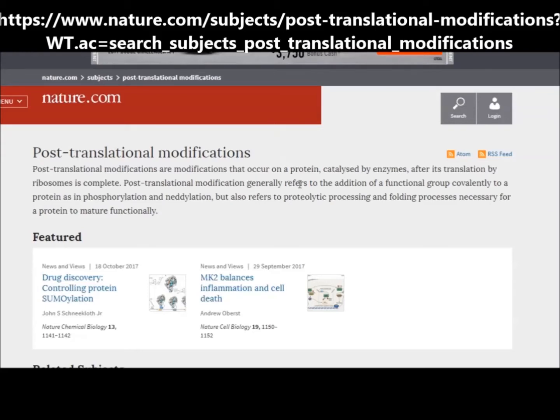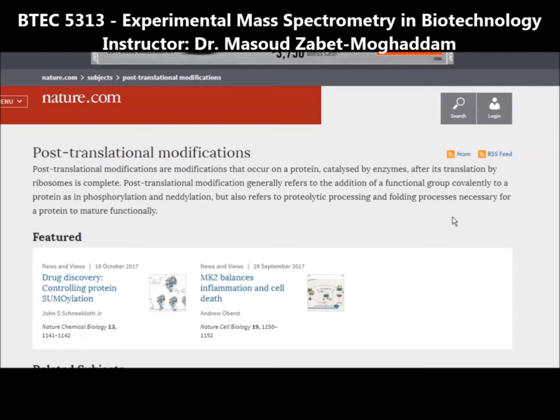These modifications refer to the addition of a functional group covalently to a protein, for example, a phosphate group, which is called phosphorylation, acetylation, but also refers to proteolytic processing and folding processes necessary for a protein to mature functionally. Okay, so some of these modifications occur and they have direct bearing on the function of the protein.